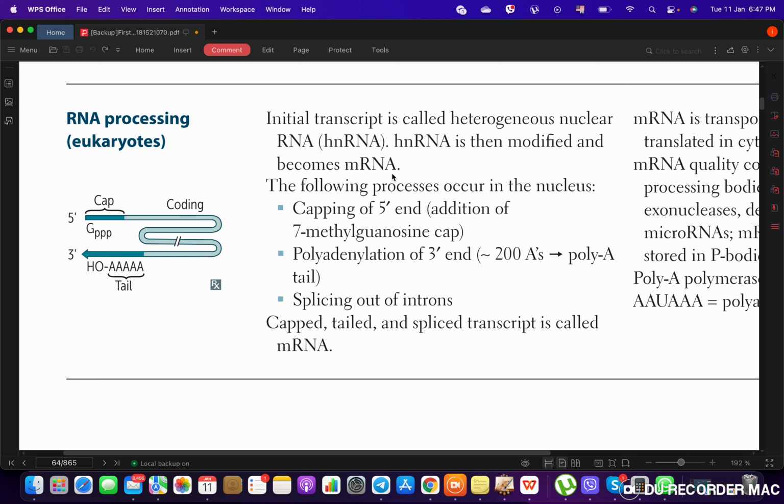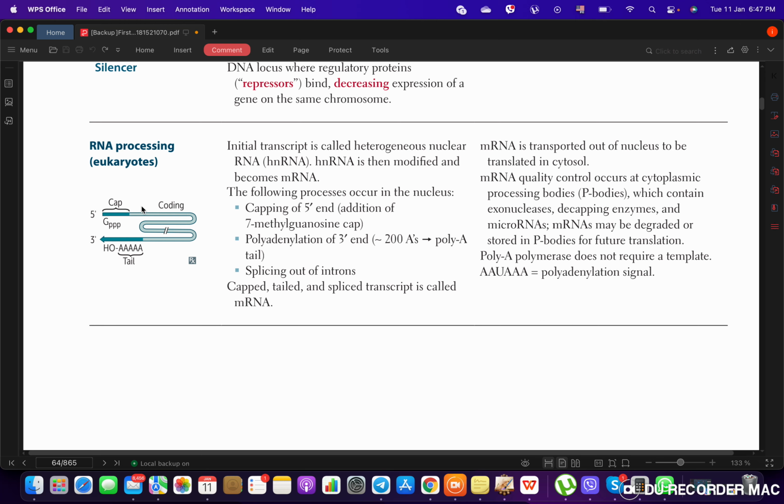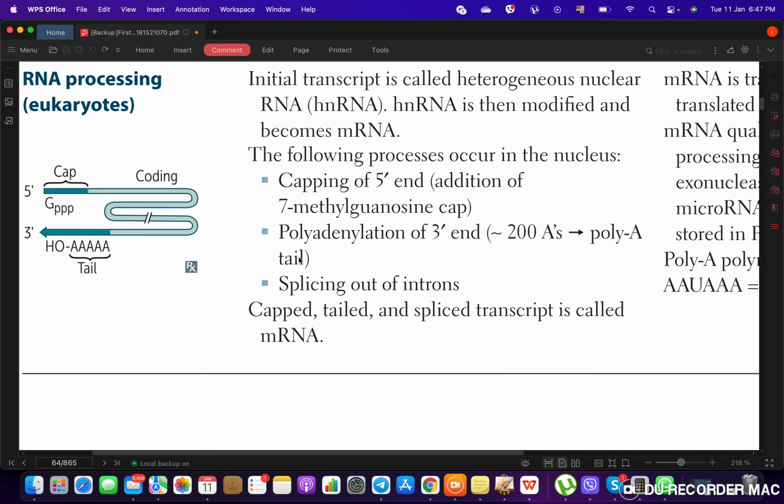The following process occurs in the nucleus, which is the capping of the 5' end, which is the addition of the 7-methylguanosine cap. This cap is important for the recognition by the ribosomes. Also, we add a polyadenylation, which has a lot of A's, to the tail, which we call the poly-A tail.